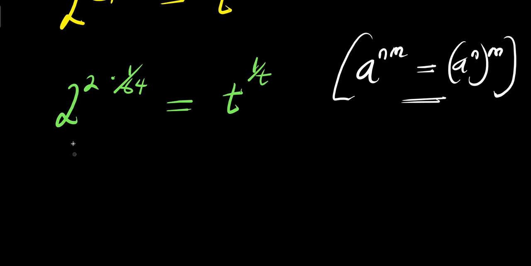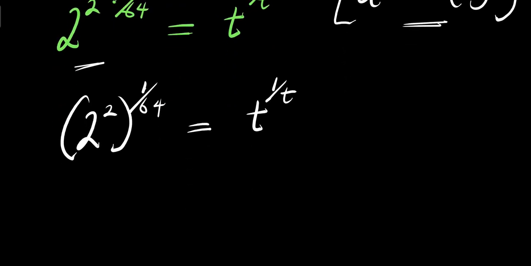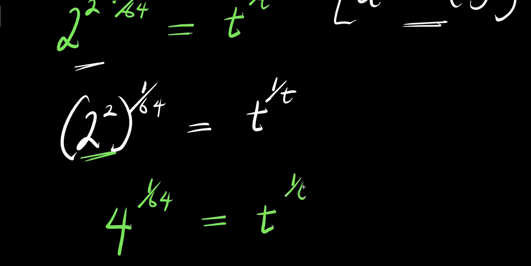So applying this right here, we have 2 power 2 raised to the power of 1 over 64, and this equals t power 1 over t. So right now, what we are going to do is to find the value of 2 power 2, and 2 power 2 is 4. We have 4 power 1 over 64 equals t power 1 over t.